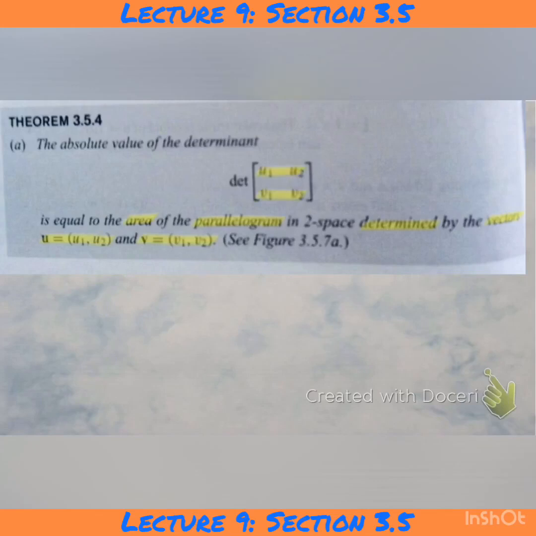Now remember, the cross product, we only work with vectors in 3-space. So what we can do is write u and v so that they're in 3-space.